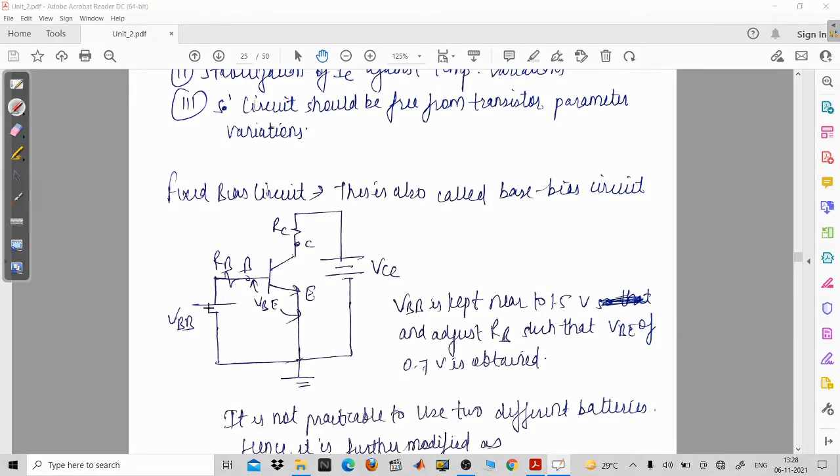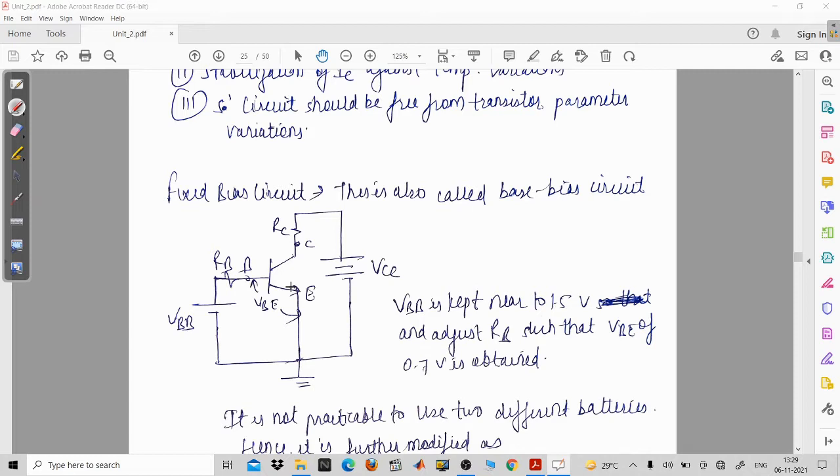Now you can see the terminals are the same, so why not have a single battery for this fixed bias circuit? Because if you are going to use two batteries, then it is going to increase the cost of your system. So instead of having these two batteries, if we can replace these two batteries by a single one, then it will economize the circuit.